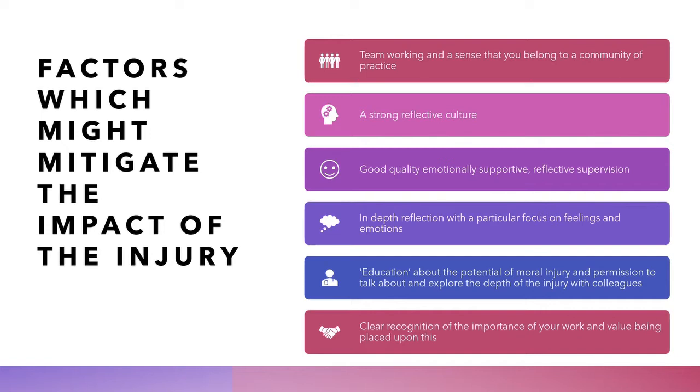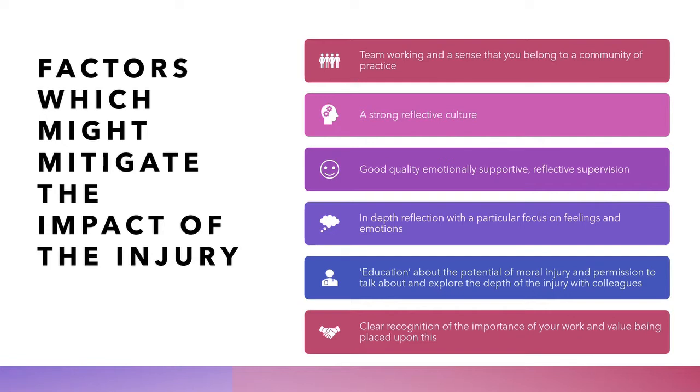People need good quality, emotionally supportive, reflective supervision, and the opportunity for an in-depth reflection with a particular focus on feelings and emotions. People benefit from education about the potential of moral injury and having permission to talk about it and explore the depth of the injury with colleagues.